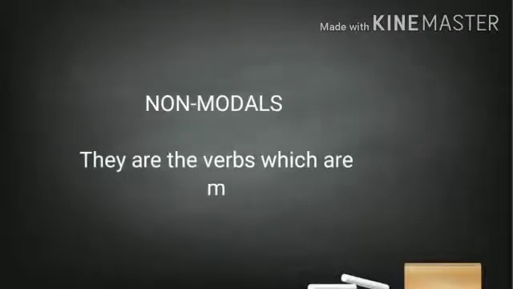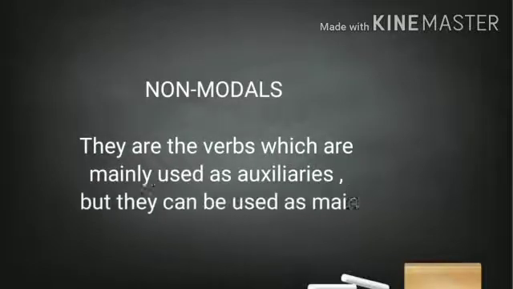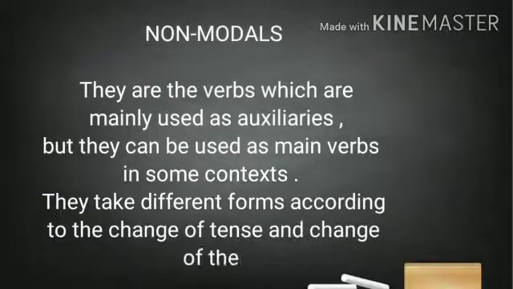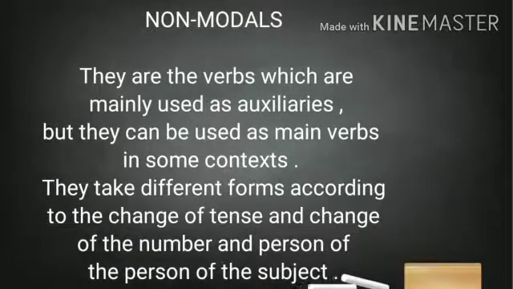Non-modals, let's discuss non-modals now. They are the verbs which are mainly used as auxiliaries, but they can be used as main verbs in some contexts. They take different forms according to the change of tense and change of the number and person of the subject. There are three kinds of non-modals.